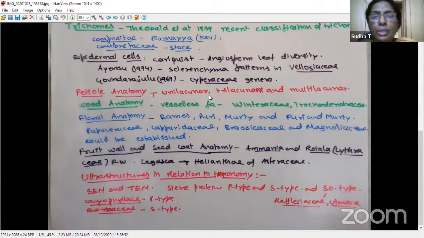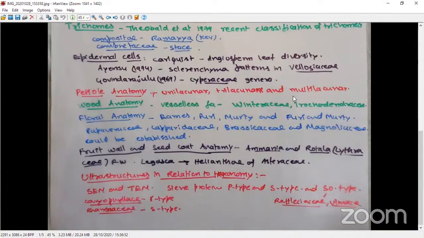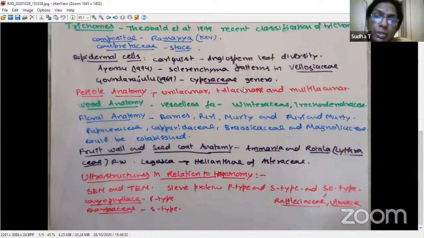Words like unilacunar mean only one gap at the petiole, or trilacunar or multilacunar, meaning several gaps in the vascular supply to the petiole from the stem. Unilacunar is considered more advanced, while trilacunar and multilacunar forms are also seen. By observing these we can think about whether they are primitive or advanced.